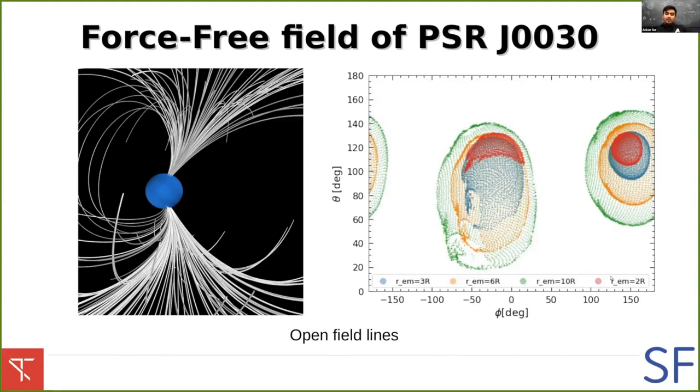At r_em equal to 2R, which is the surface of the star, we get this arc-like shape for one of the poles, and the other pole is more circular. And as you increase further, these regions become larger and more oval. So this basically tells us something about the geometry of the magnetic field.